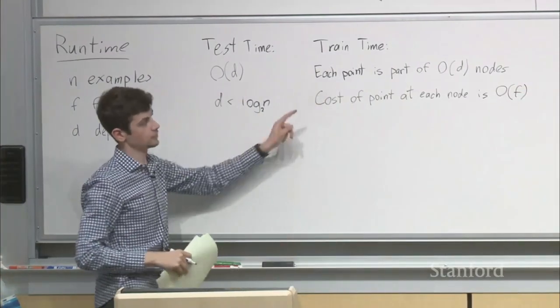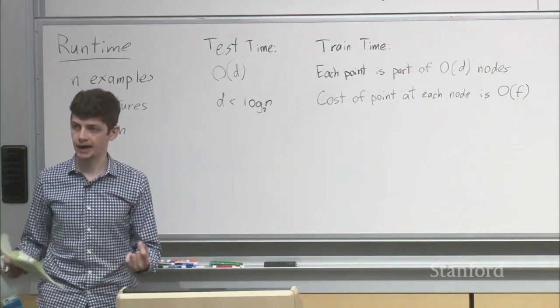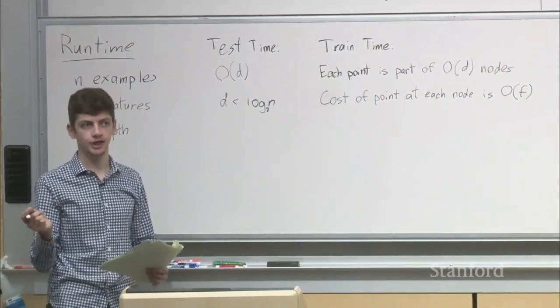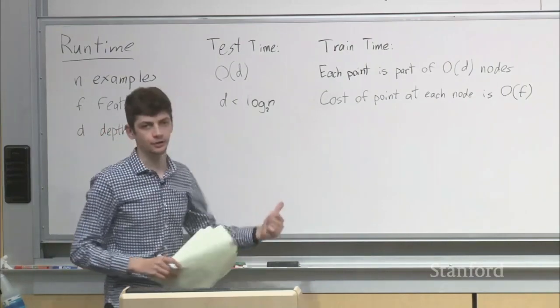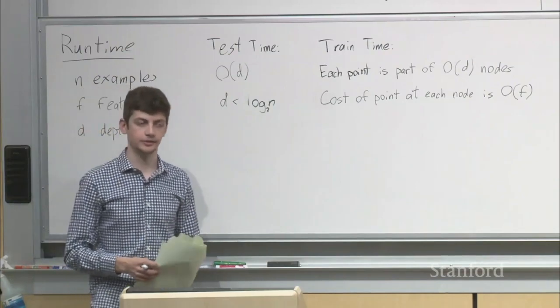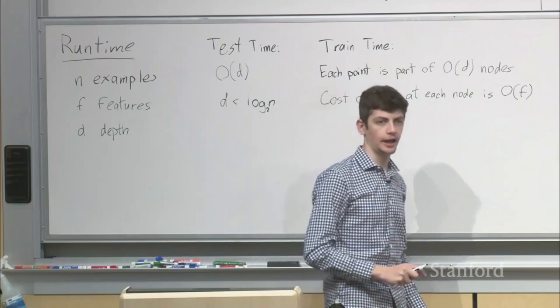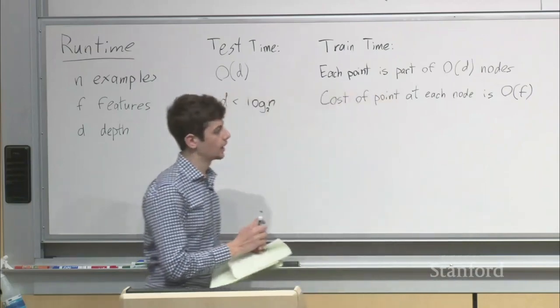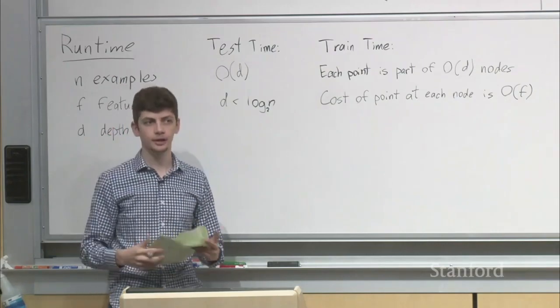I won't get too much into the details of why this is, but consider that if you're doing binary features, where each feature is just yes or no of some sort, then if you have f features total, you only have to consider f possible splits. And so that's why the cost in that case would be f. And if it was instead a quantitative feature, I mentioned briefly that you could sort the features and then scan through them linearly.